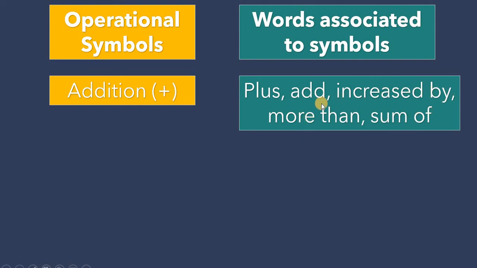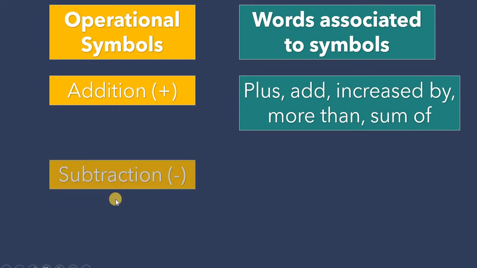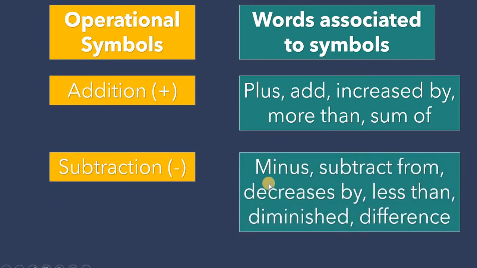Okay? So kapag nakabasa kayo ng ganito sa isang word problem, ang ibig sabihin yan ay addition. Next, for subtraction, we have minus, subtract from, decreases by, less than, diminished, difference. Okay? So, lahat ng yan, ang ibig sabihin ay subtraction.